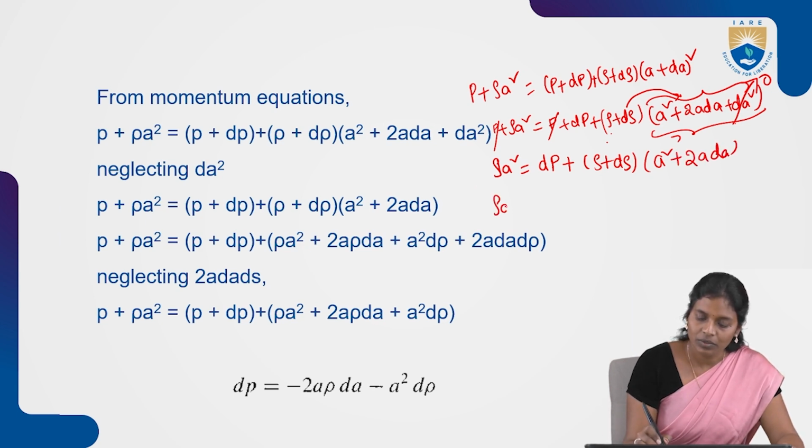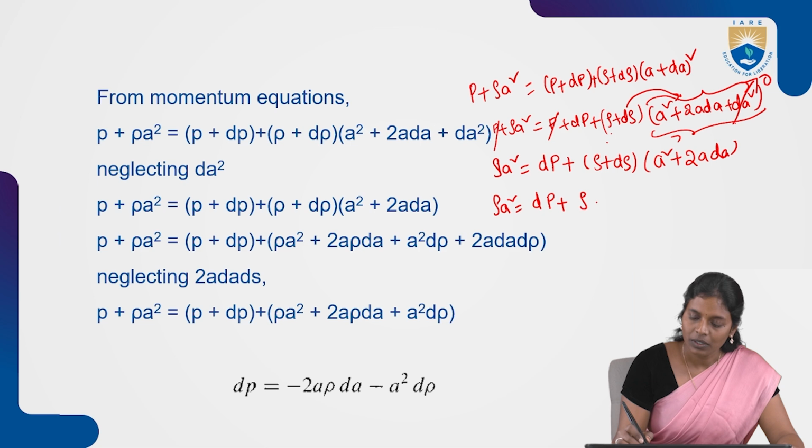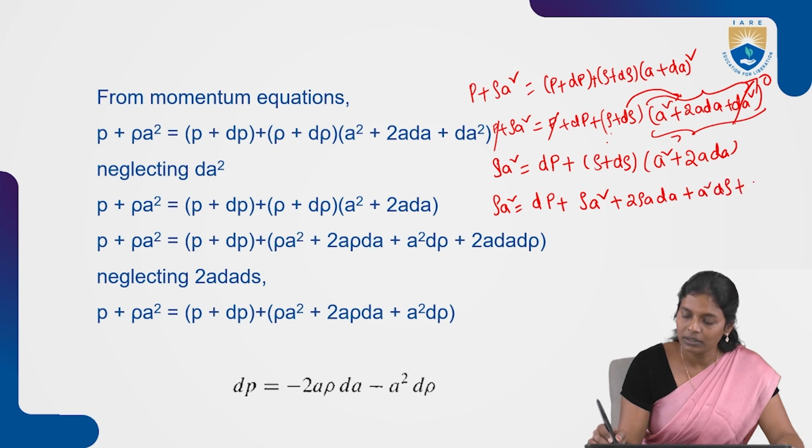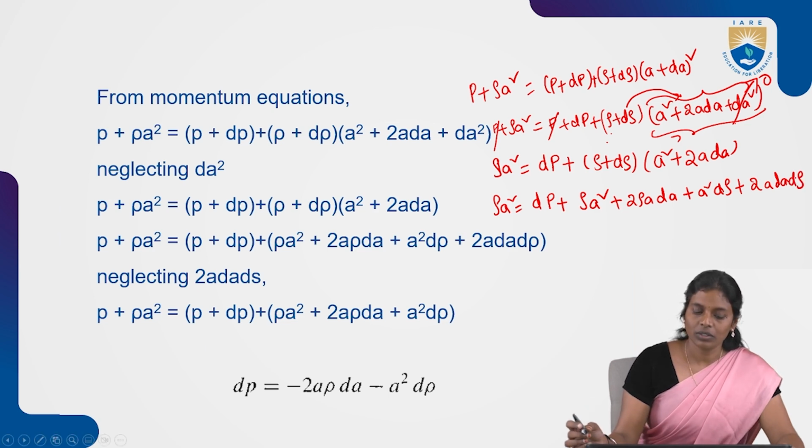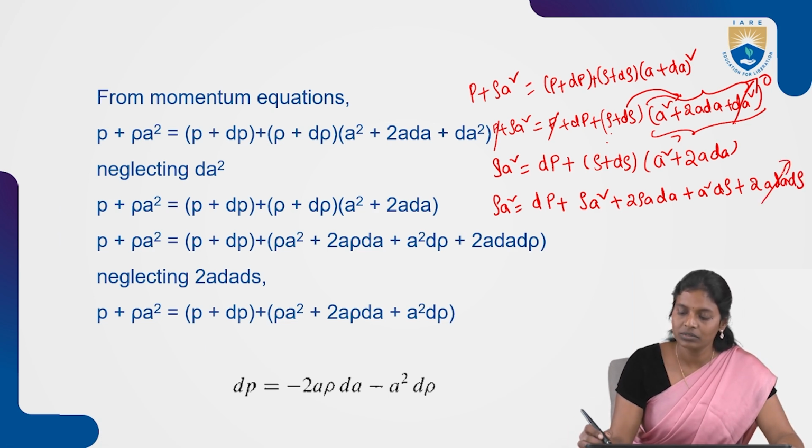Now rho A square equals dP plus rho A square plus 2 rho A dA plus A square d rho plus 2A dA d rho. Since dA d rho is very small, we are going to neglect it.